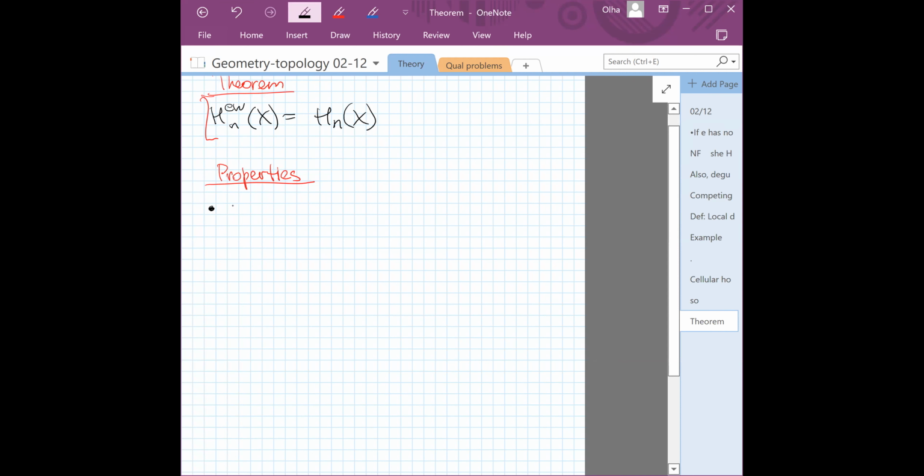One of them is that if X has no n cells, then the corresponding homologic group is actually trivial. That's because we have a 0 space, so a subspace of that is also going to be trivial.